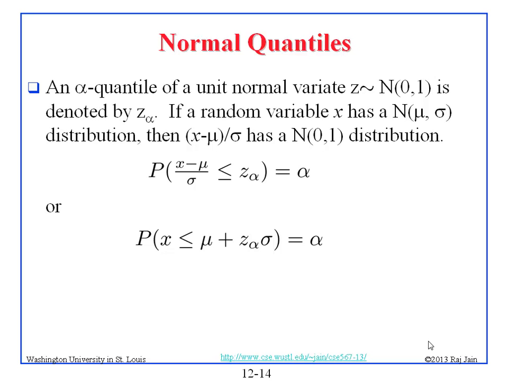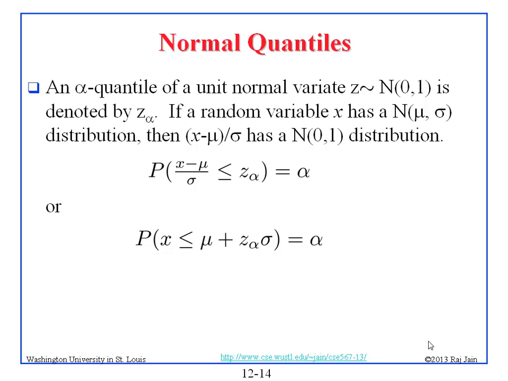Actually, let's talk about the 95 level, which is 0.05, and the value is 1.96. We need that number so often that after some use you will also remember it.